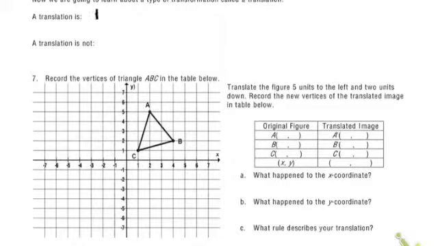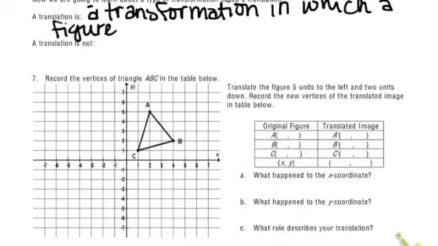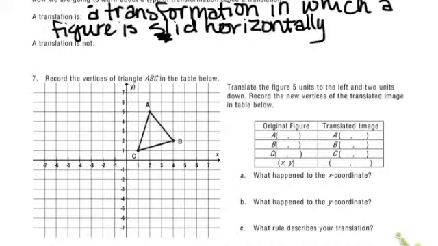Okay, so a translation is a transformation in which a figure is slid, and I want you to see that SL there, slid horizontally, vertically, or both.